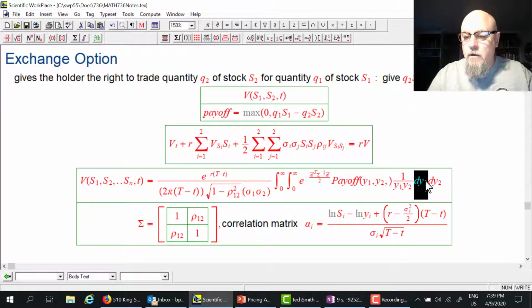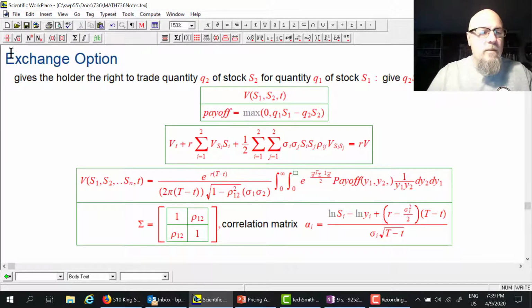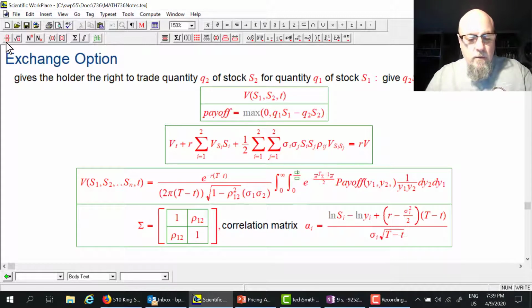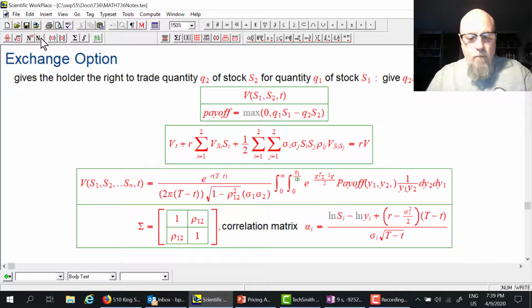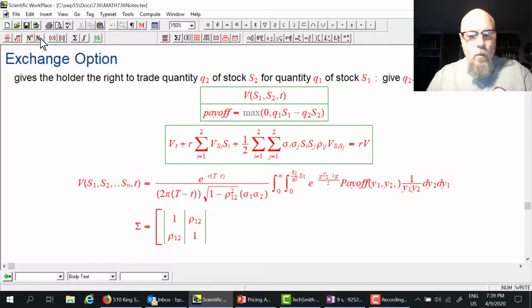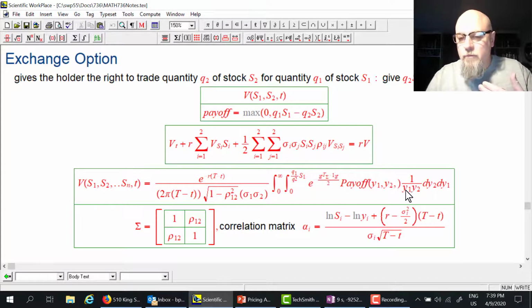We're switching the order for convenience, keeping this 0 to infinity, and this endpoint is Q1 over Q2 times S1.